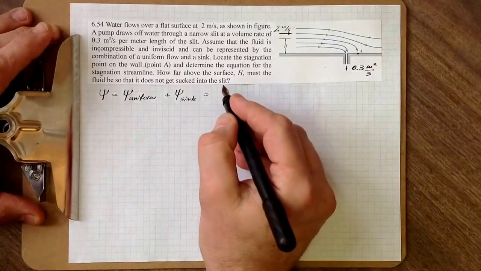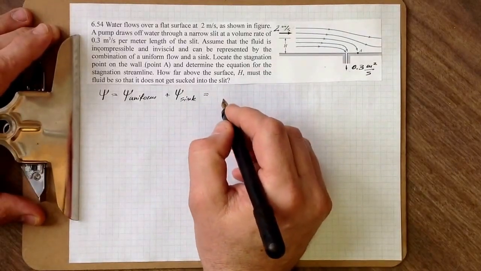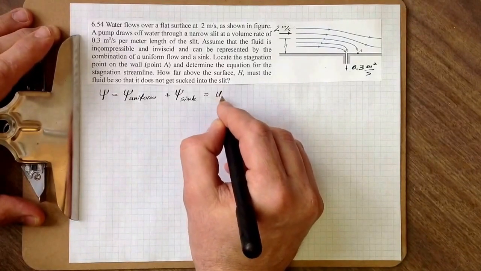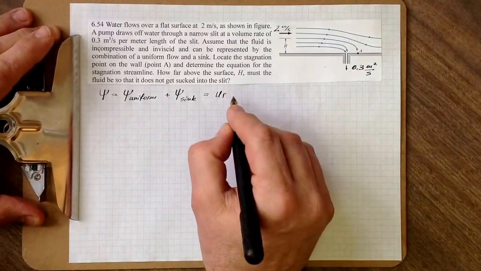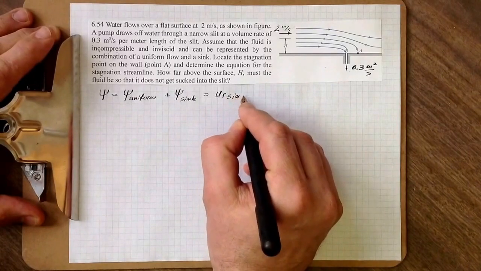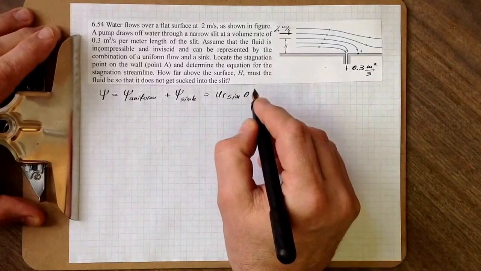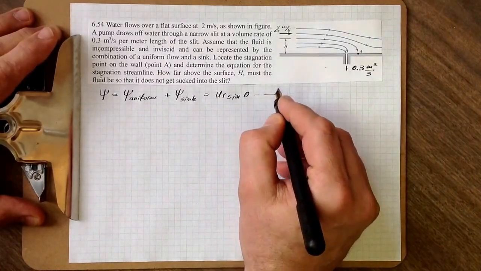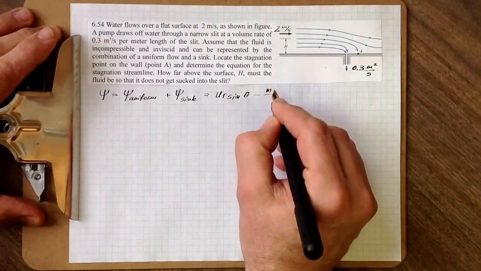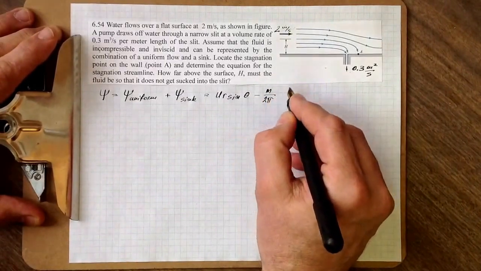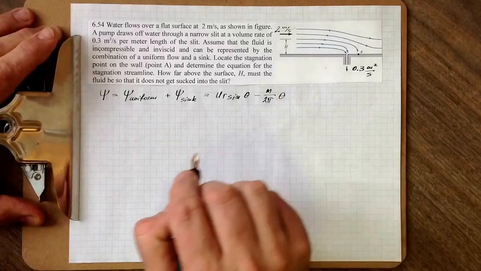Which is, if you consult your elementary flows, for uniform flow in polar coordinates, we have U r sine theta minus m, that's the flow rate, over 2 pi theta.